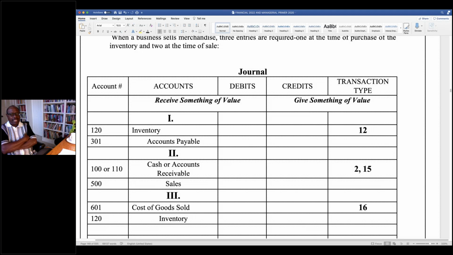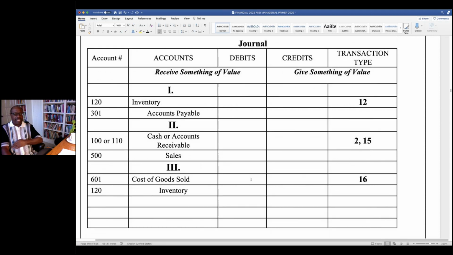Then there's a second entry to debit cost of goods sold and credit inventory, because most companies are going to keep up with their inventory and charge it to cost of goods sold right away, so their records are up to date and they know when to order when they're low on inventory. So most times that inventory is updated as the sale is made, with the item moved from inventory to cost of goods sold.